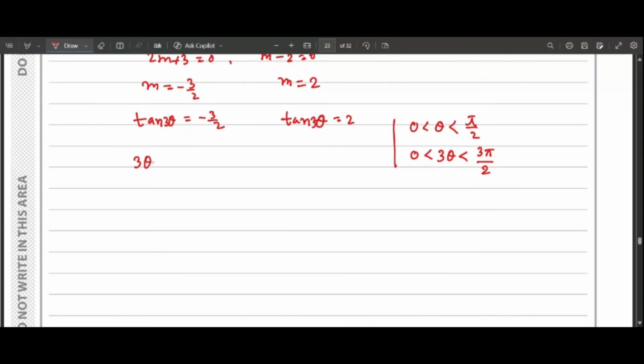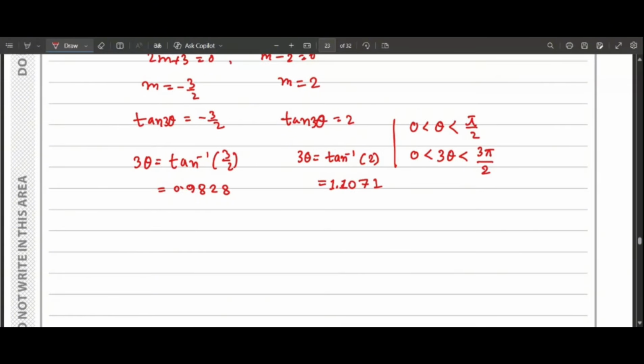Now we can solve each of these equations to find a basic acute angle for the value given. So tan inverse of 2 would give us a value of, this is what we get when we find 3 theta from these expressions.